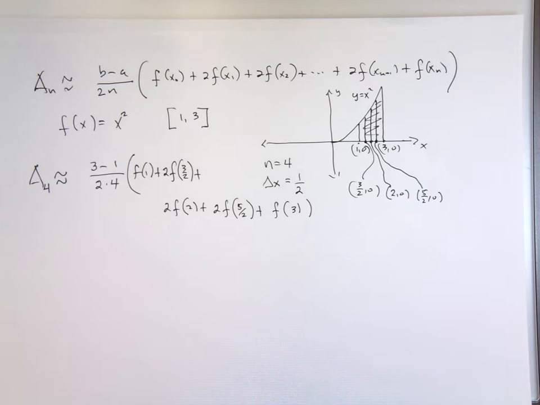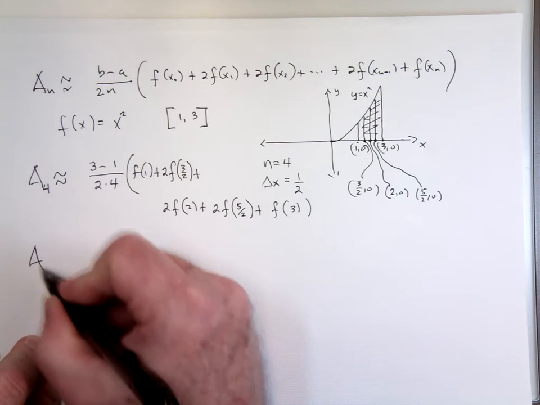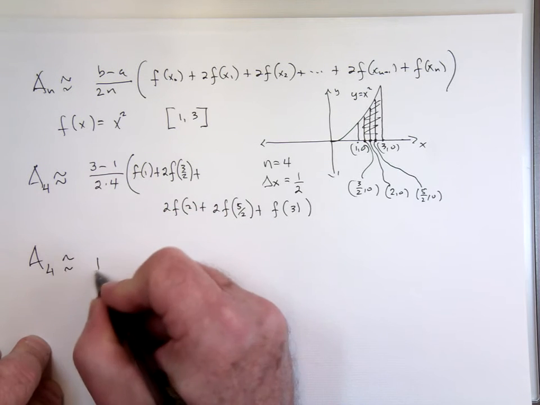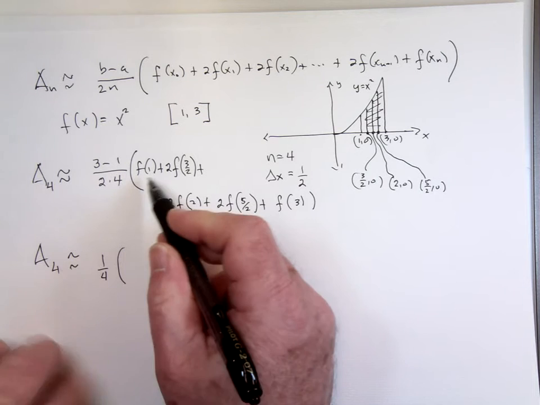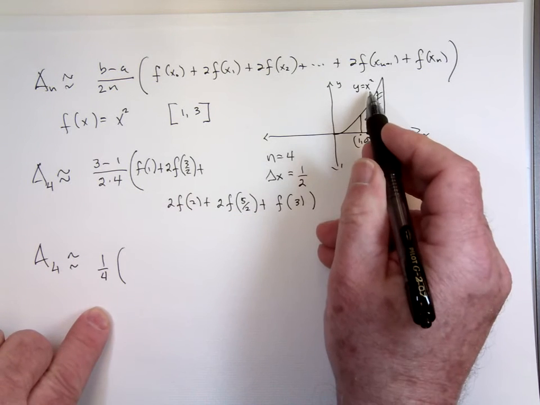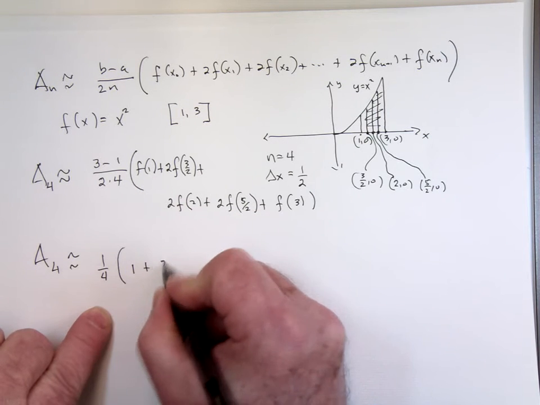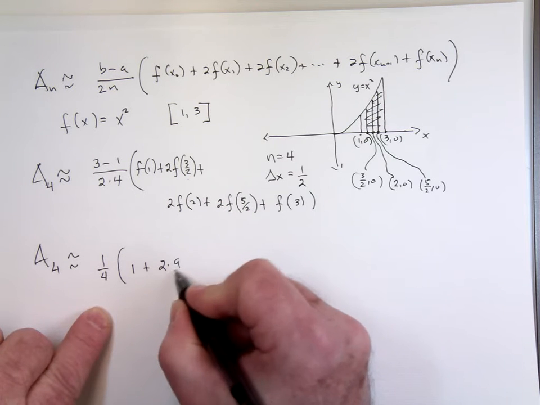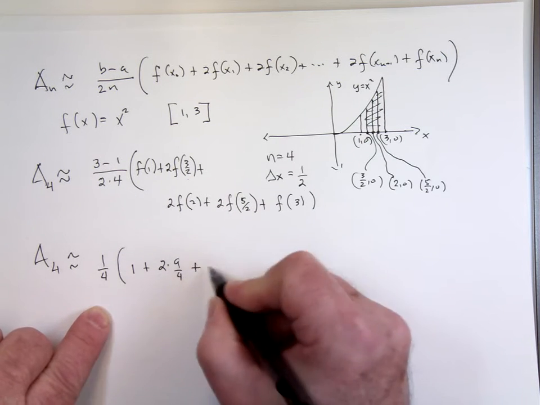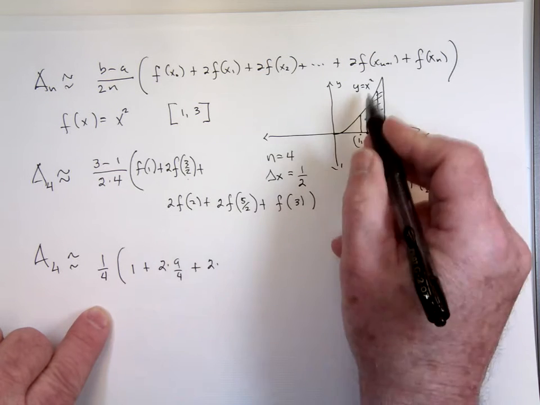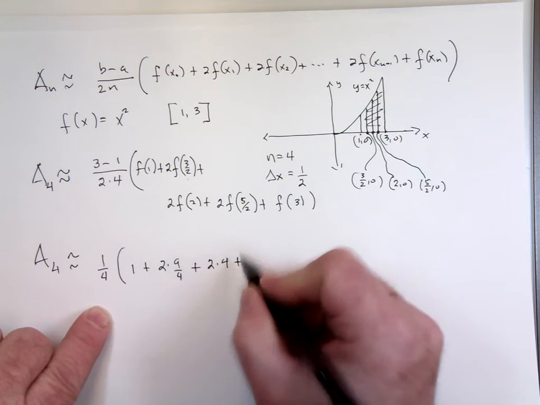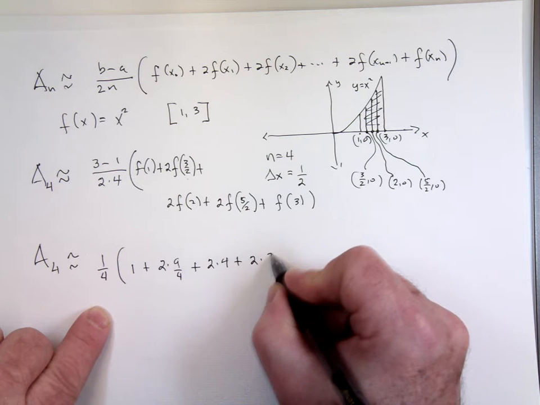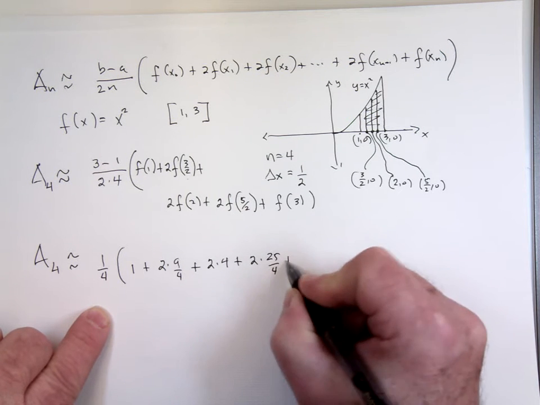All right. So the area in terms of 4 trapezoids is 2 over 2, it's 1/4. F of 1 squared is 1. 2 times f of 3 halves squared is 9/4, times 2. 2 times f of 2 squared is 8. 2 times f of 5 halves, that's 25/4, times 2. And then 1 f of 3 is 9.